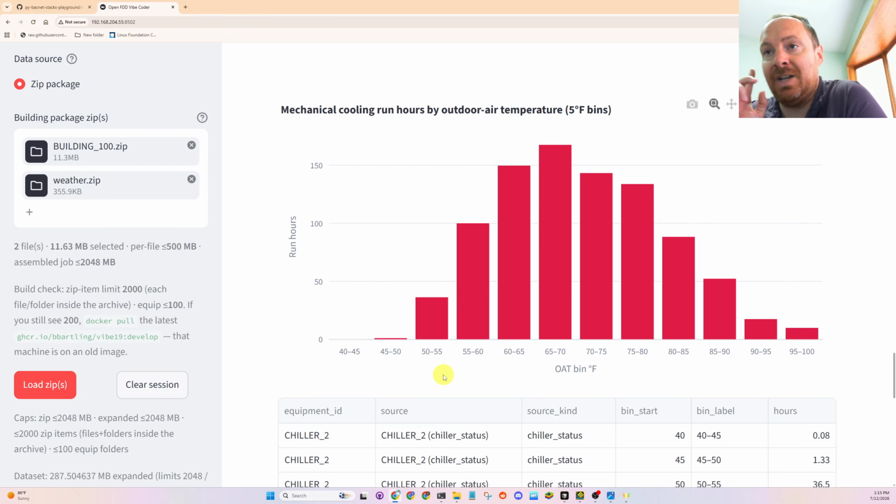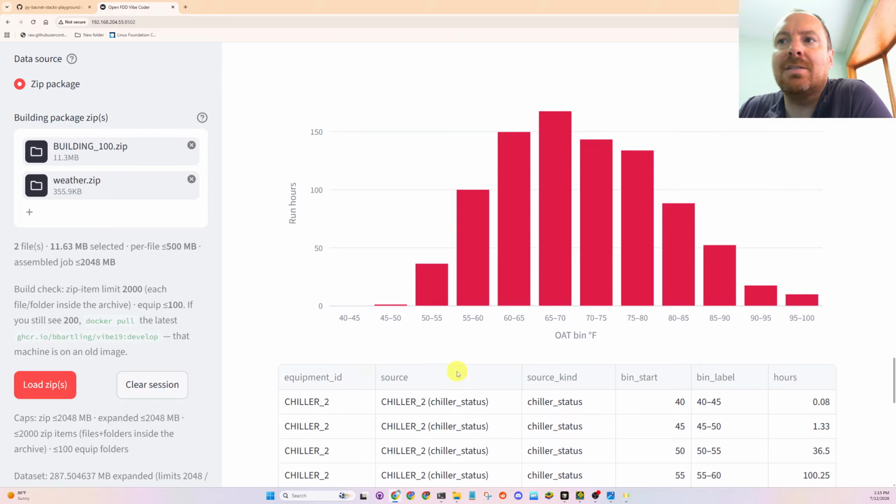But I think this building might have some error in the local outside air temperature sensors. That could cause faulty, premature mechanical system starting, that kind of thing.